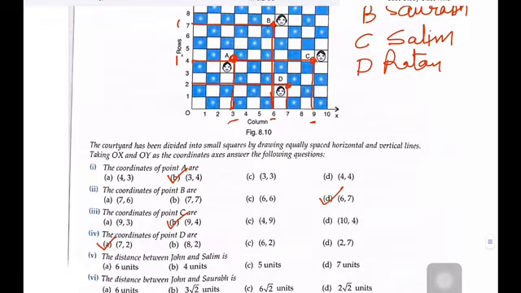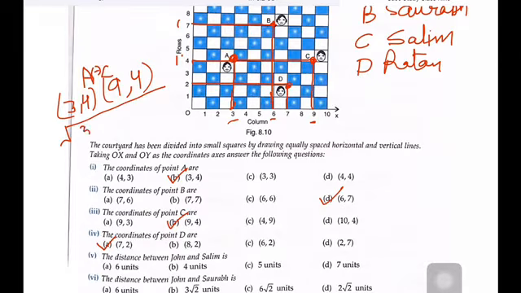So the distance between John and Salim. Fine. So John is at A and Salim is at C. The coordinates of A are 3 and 4, we have already seen them, and the coordinates of C are 9 and 4. So you have to find the distance. For distance, what formula do you have?